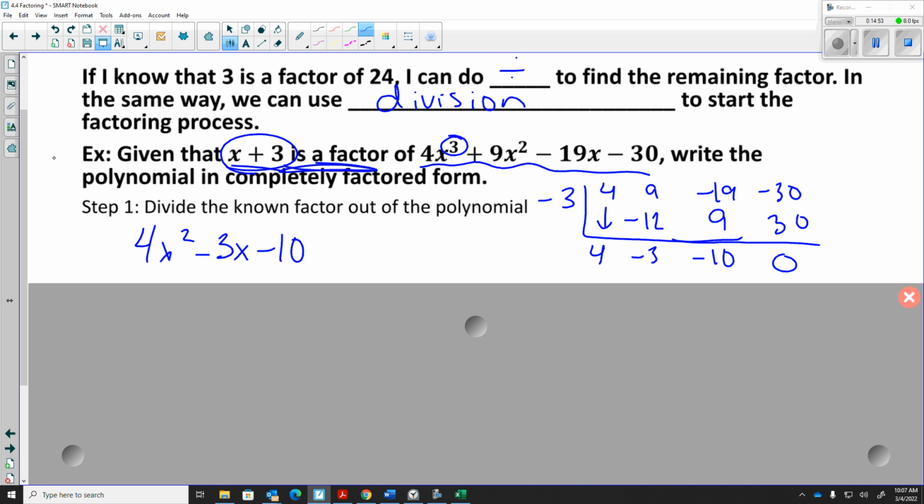So you can rewrite this thing as this times this. Yep, so again, we're trying to factor, we're trying to split it up. Well, I have two factors here now. The division helped me get there. Okay. So now I'm going to do what we were doing before.